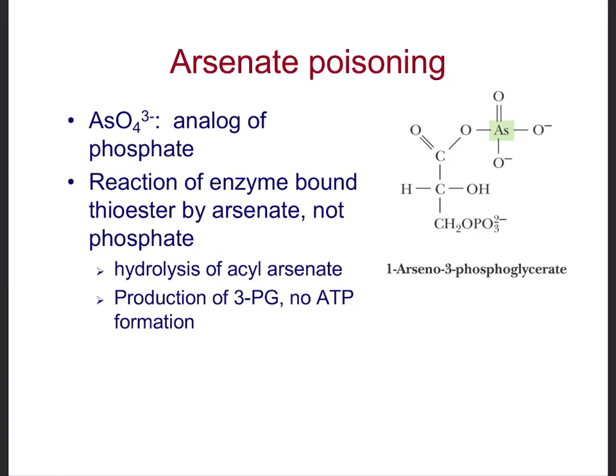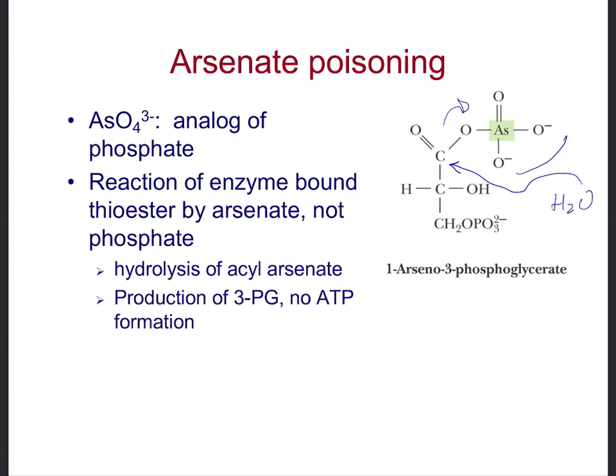However, if arsenate gets used as the phosphate in this reaction, we end up with this molecule, 1-arseno-3-phosphoglycerate. 1,3-bisphosphoglycerate is relatively stable to hydrolysis by water. However, water will very easily attack here, displacing the arsenate. And as a result, we end up just getting 3-phosphoglycerate, which is the product of the next reaction.